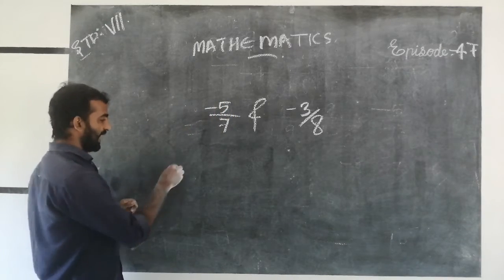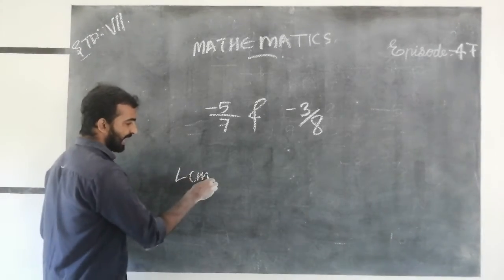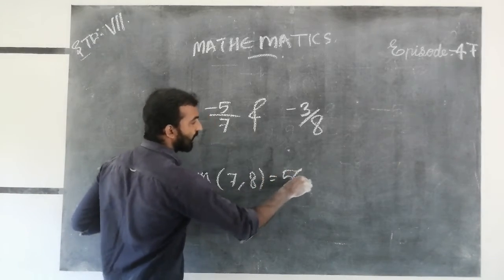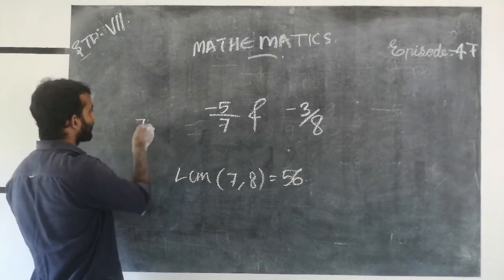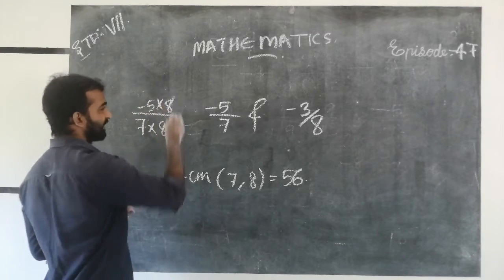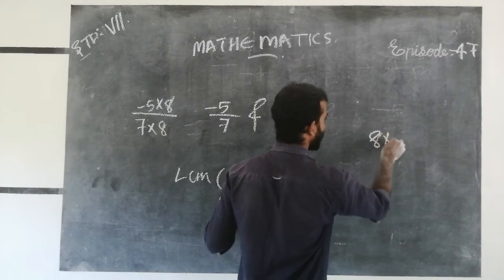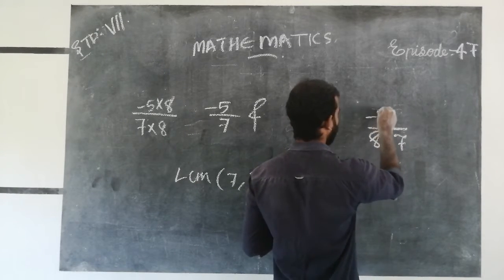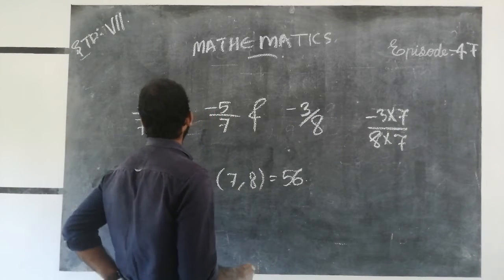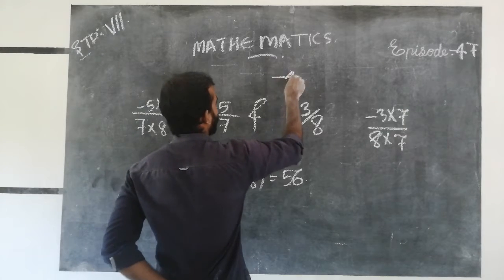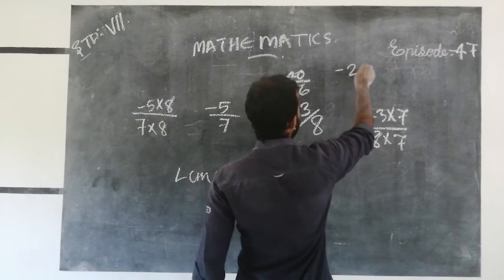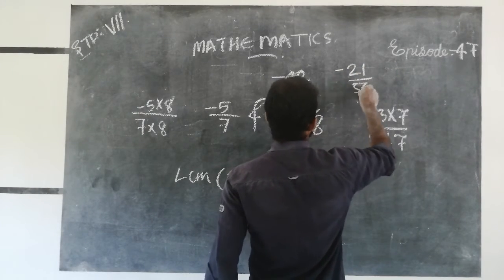First we consider the LCM. The LCM of 7 and 8 we get as 56. So negative 5 into 8 upon 7 into 8, and negative 3 into 7 upon 8 into 7. We get the numbers negative 40 by 56 and negative 21 by 56.